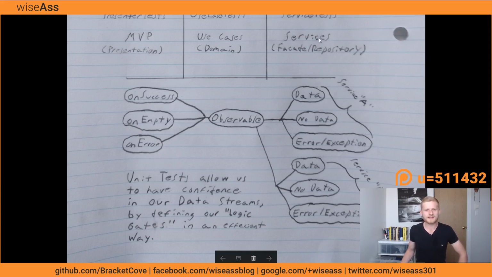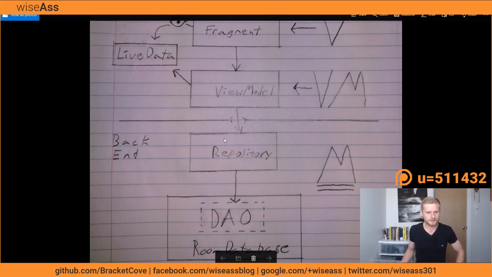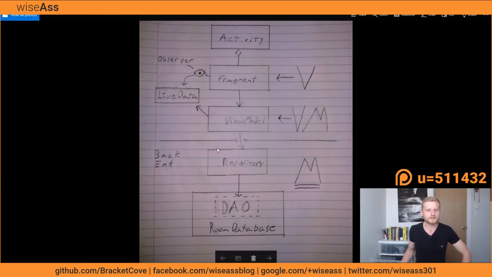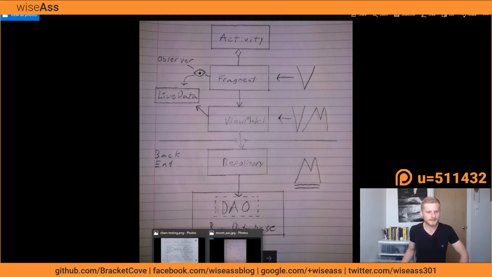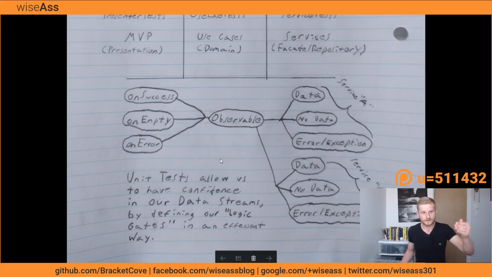And then we have the data layer, which is of course the database. In our other Model-View-ViewModel application, this would be the front end and this would be the back end. Over time these different parts of the application communicate with each other by relaying these observables back and forth.